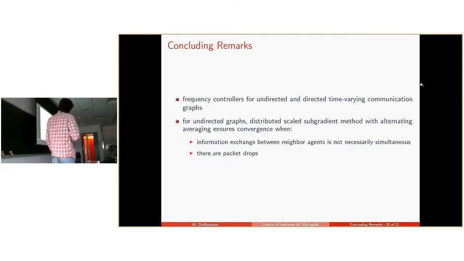It overcomes this limitation: information exchange does not have to be simultaneous, and it handles packet drops. It doesn't assume that you need to know your out degree, as was needed in the subgradient push method.